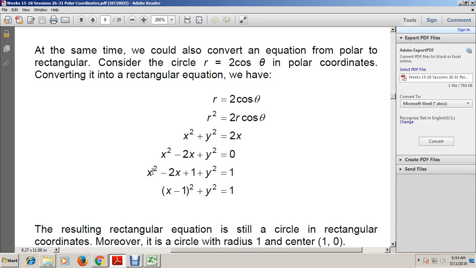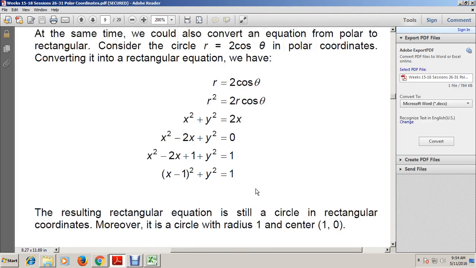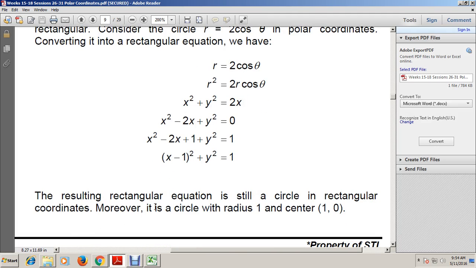Now remember, x squared minus 2x plus 1 can be factored using special products as x minus 1 squared, then plus y squared is equal to 1. The resulting rectangular equation is still a circle in rectangular coordinates. Moreover, it is a circle with radius 1, and it has the center located at 1 and 0.